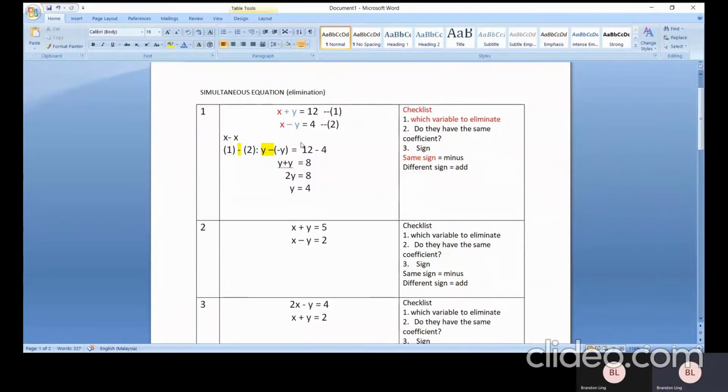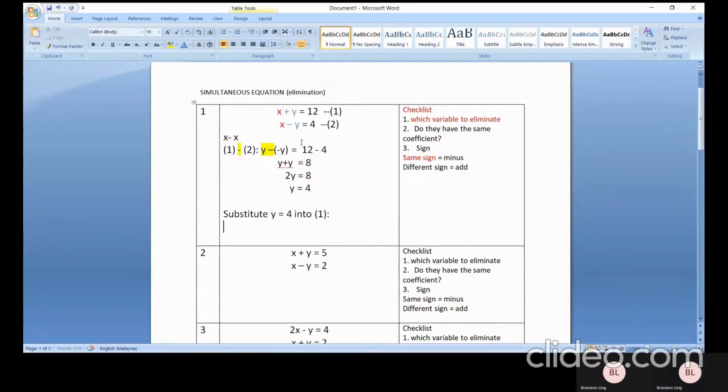So once you have got y equals to 4, you can substitute y equals to 4 into any of the equation. It can be equation 1 or equation 2. So here you have x plus 4 equals to 12.